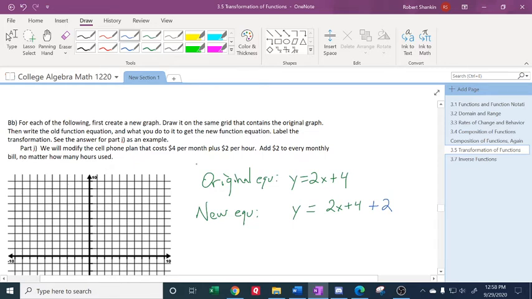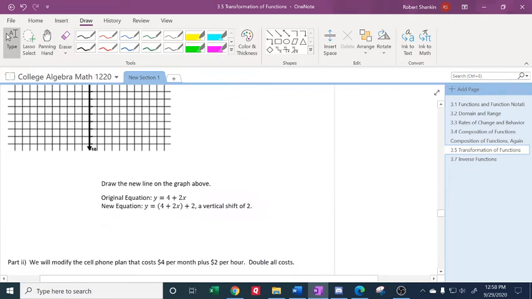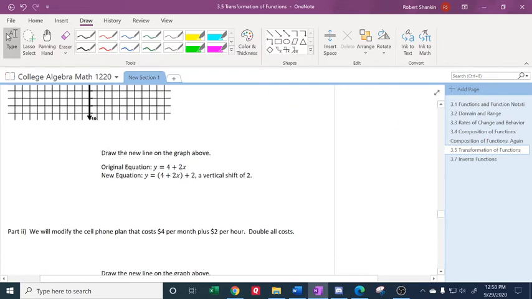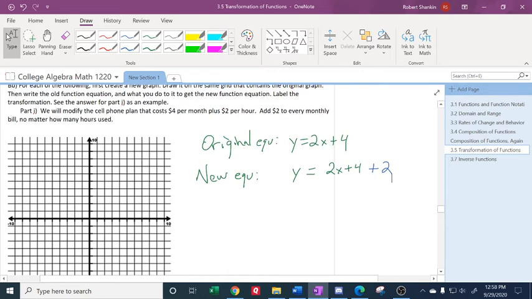It says, draw it on the same grid that contained the original graph. Alright, and I have this worked out down here as well. The original graph was y-intercept of 4, slope of 2, like this.